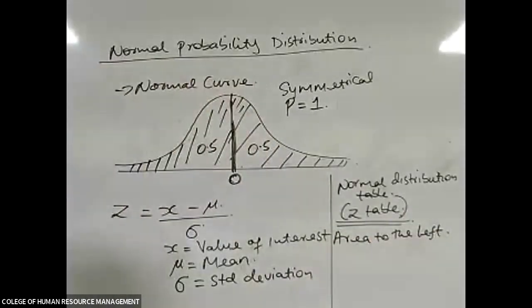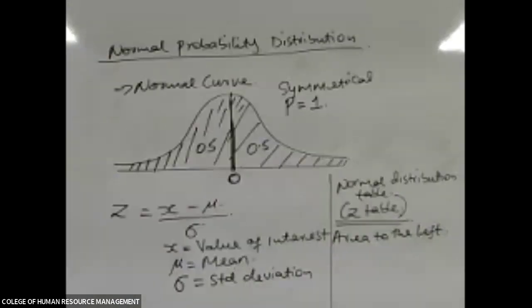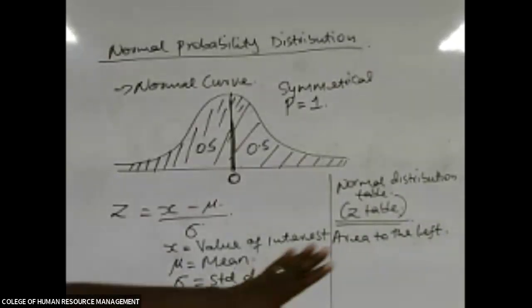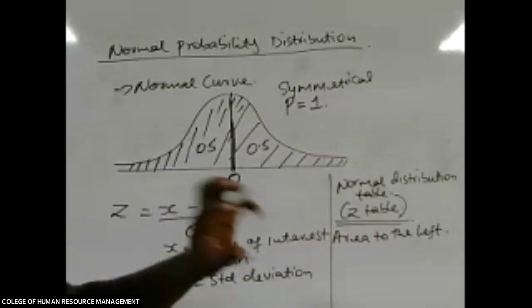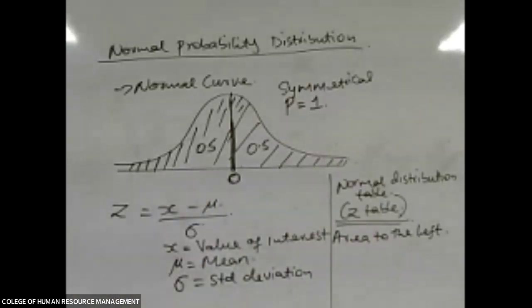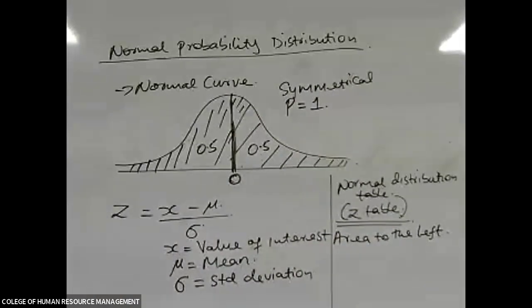And it is very, very easy. Area to the left. I want to demonstrate with only 2 questions. It is going to give you the area to the left, and then you look at your interest. I want you to look at page 5.